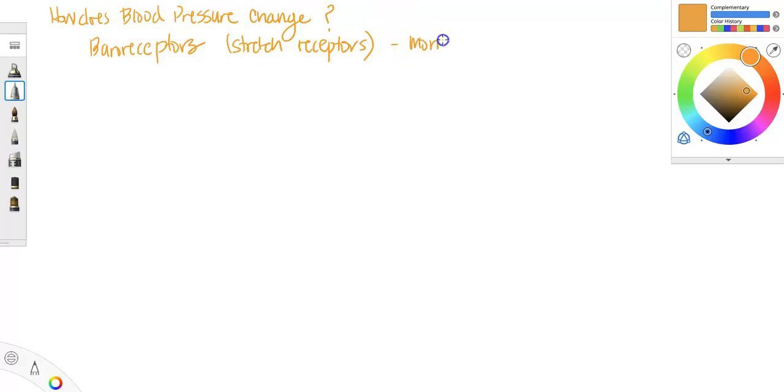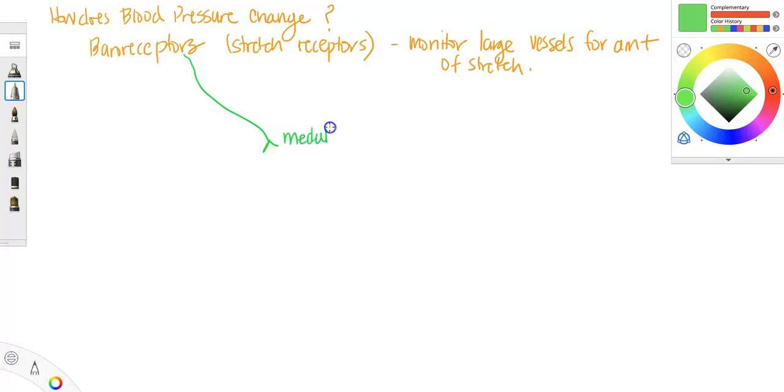So they monitor large vessels for amount of stretch. So these receptors, these baroreceptors, link into the medulla oblongata.